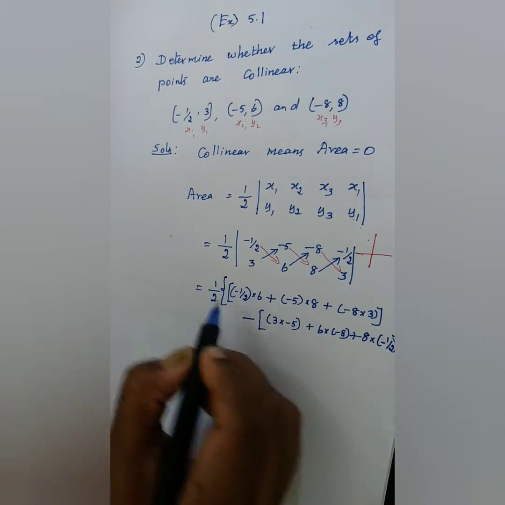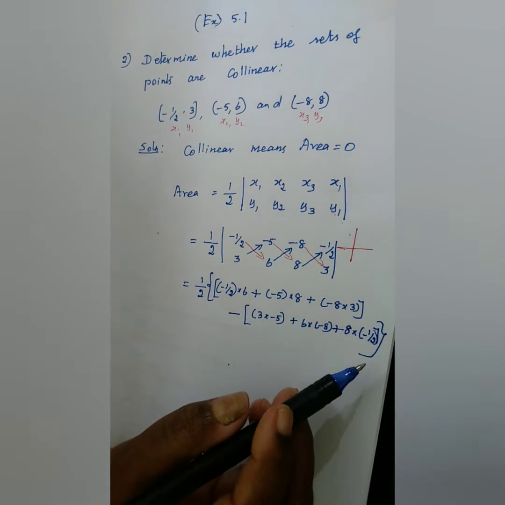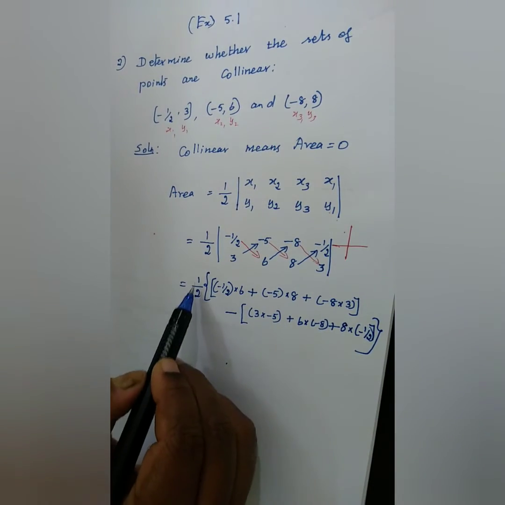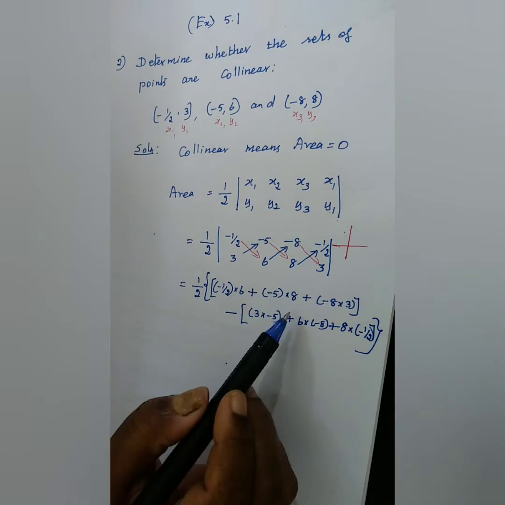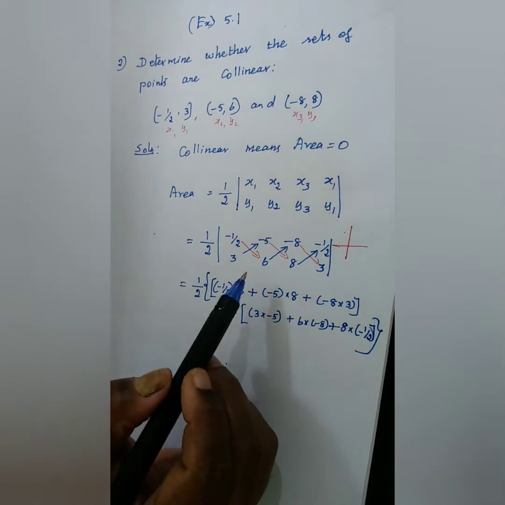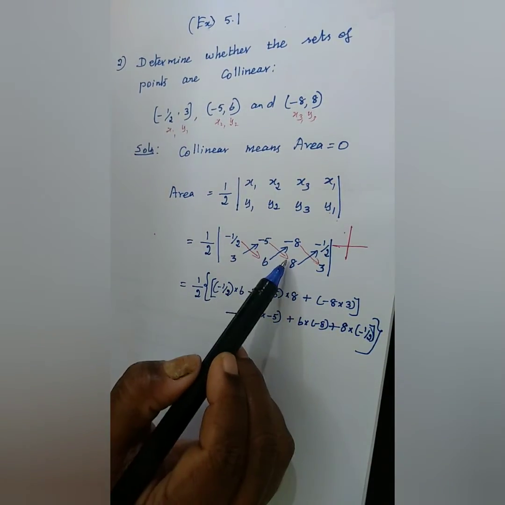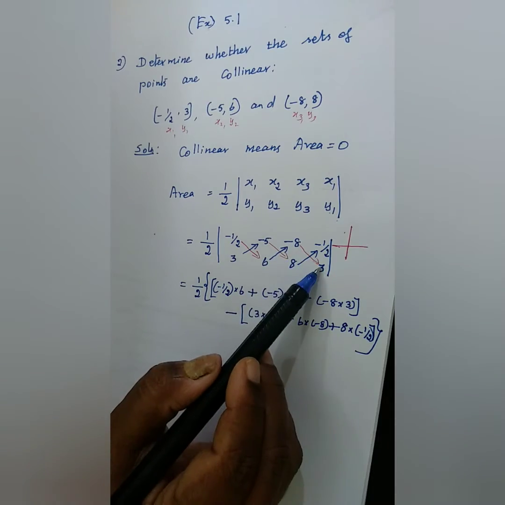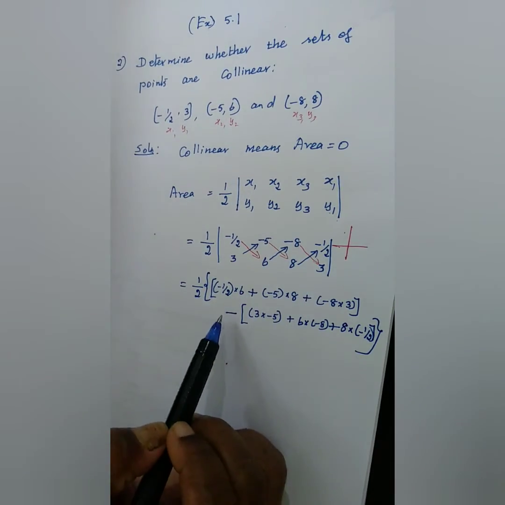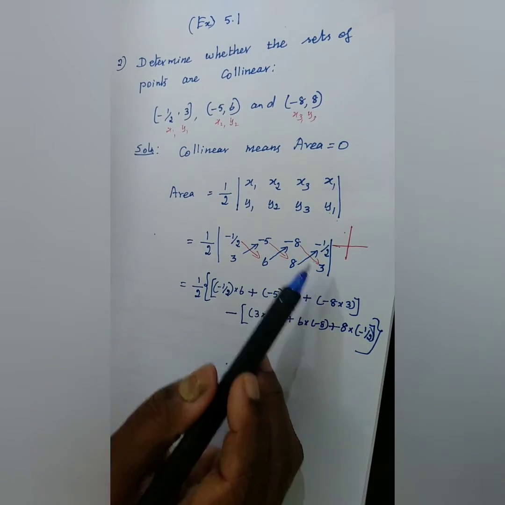This bracket is the whole bracket, because this 1 by 2 is common to both. Again I will explain. Minus 1 by 2 into 6 plus minus 5 into 8 plus minus 8 into 3 is one set. Minus 3 into minus 5 plus 6 into minus 8 plus 8 into minus 1 by 2.